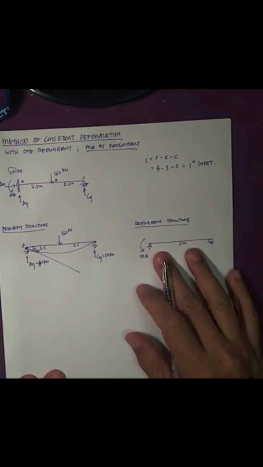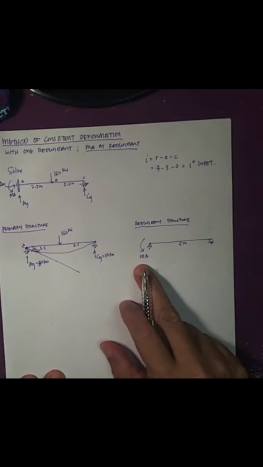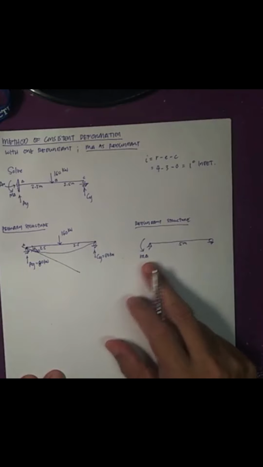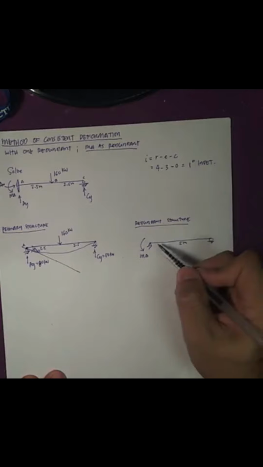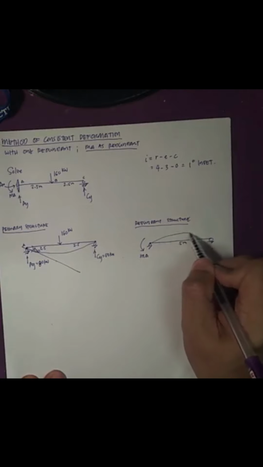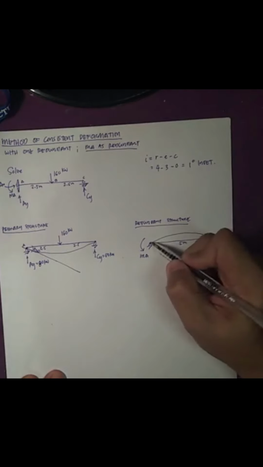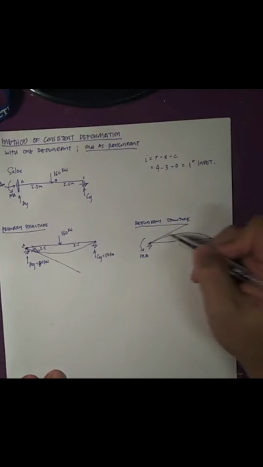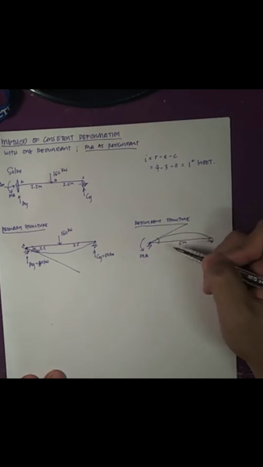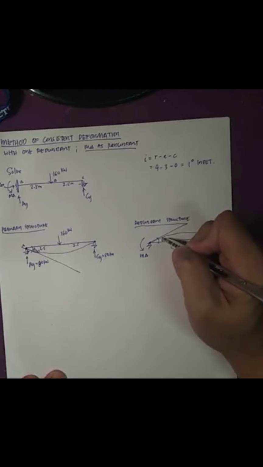Likewise, in the redundant structure, due to the moment at A applied, the beam will have an elastic curve like this. If I draw a tangent line at A, the tangent would be there, and I'll call this slope theta at A due to the redundant MA.